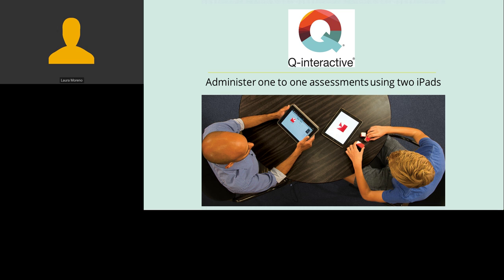The second iPad, which we refer to as the client-facing iPad, faces the examinee, allowing them to view and respond to the test stimuli. However, in a telepractice setting where the practitioner and the examinee are in 2 different locations, both iPads would be placed in front of the practitioner. So let's take a look at a few options that would allow you to use Q-interactive in a telepractice setting.